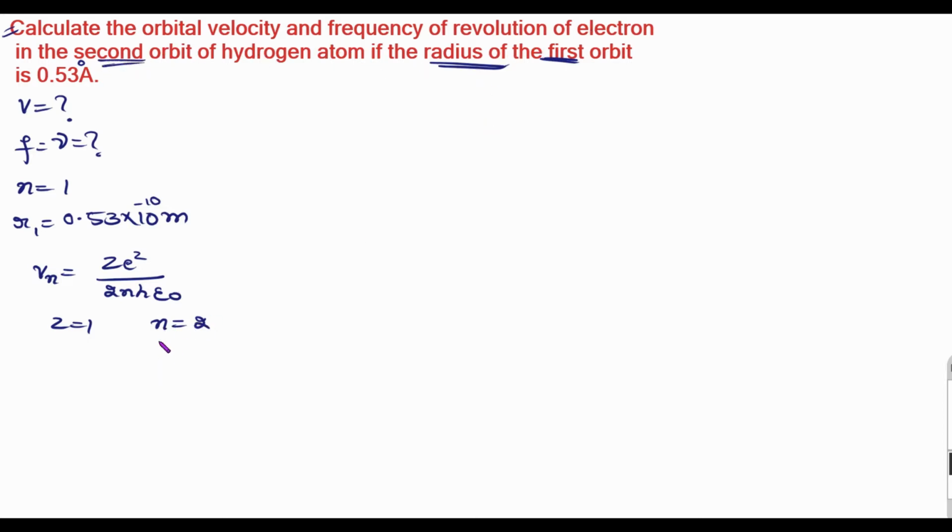So in that case, the value of n is 2. And the value of e we must know: 1.6 into 10 to the power of minus 19 coulomb.